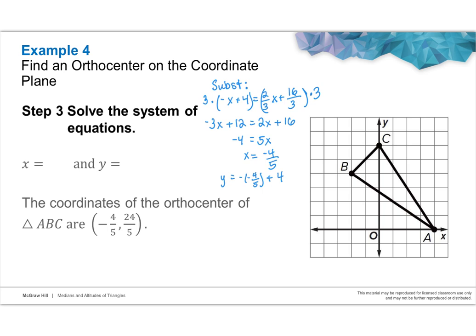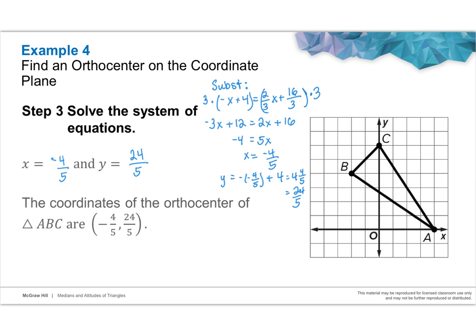We get 4 and 4 fifths, or 24 fifths. So negative 4 fifths and 24 fifths. So negative 4 fifths and 24 fifths would be 4 and 4 fifths, right about there.